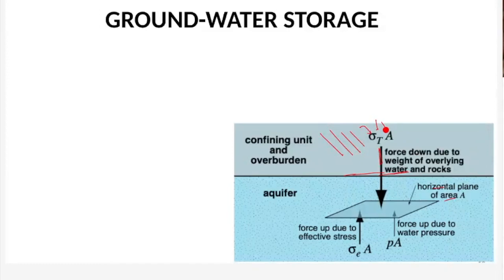This is the downward force that will be acting on this area. It will have some same force from below because this surface is not moving anywhere. The total net force on this surface should be 0. And if the net force on this surface is 0, then the force acting downwards should be equal to the force acting upwards.